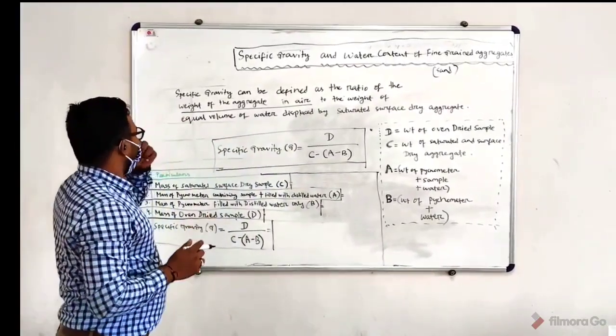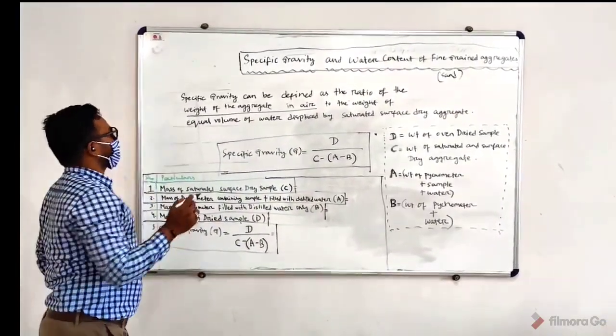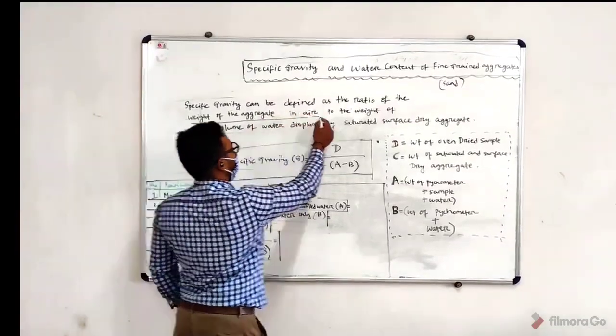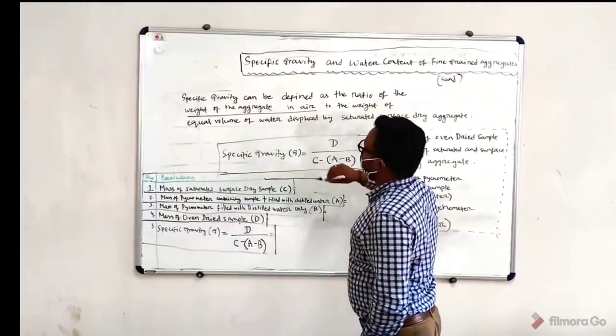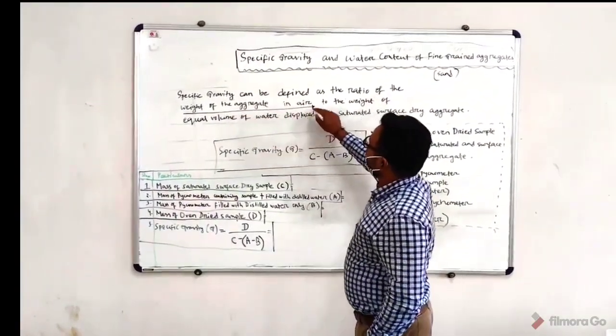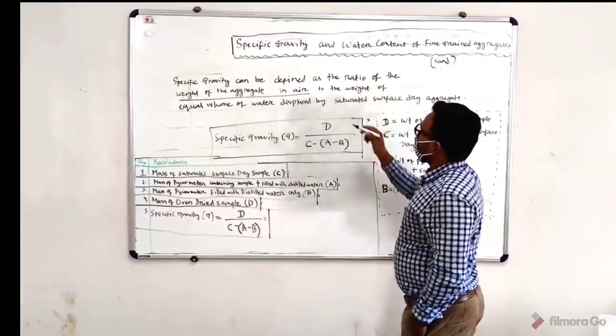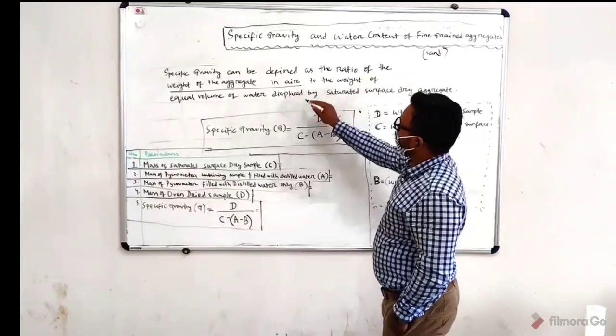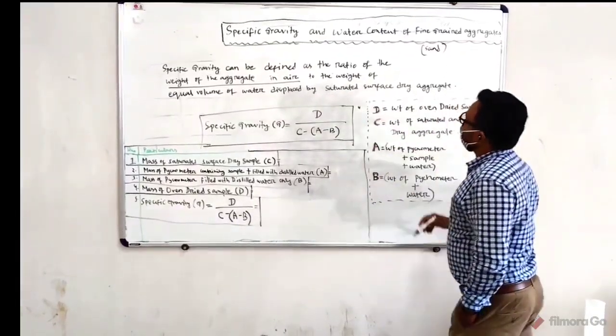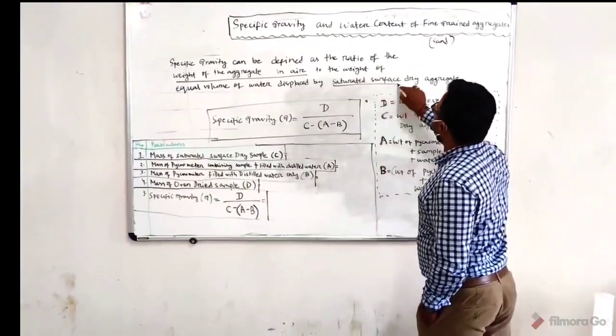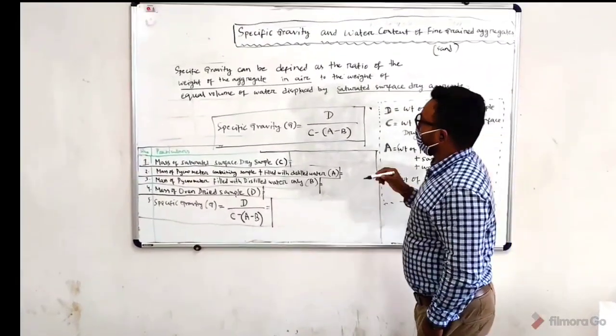Okay. So, what is specific gravity of the sand? Specific gravity can be defined as the ratio of weight of the fine aggregate in air to the weight of the equal volume of water displaced by saturated surface dry aggregate. This is very important.